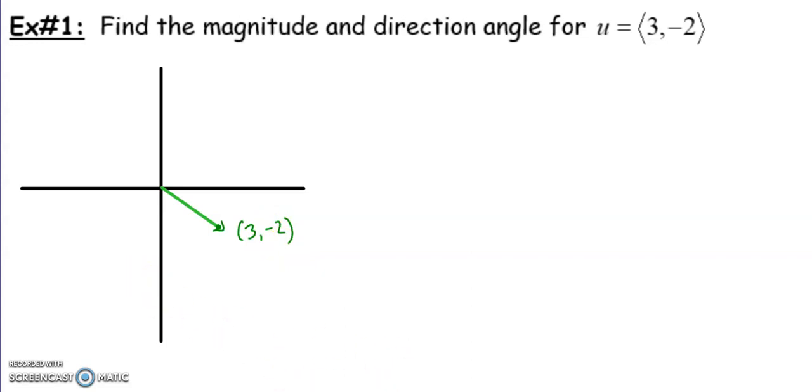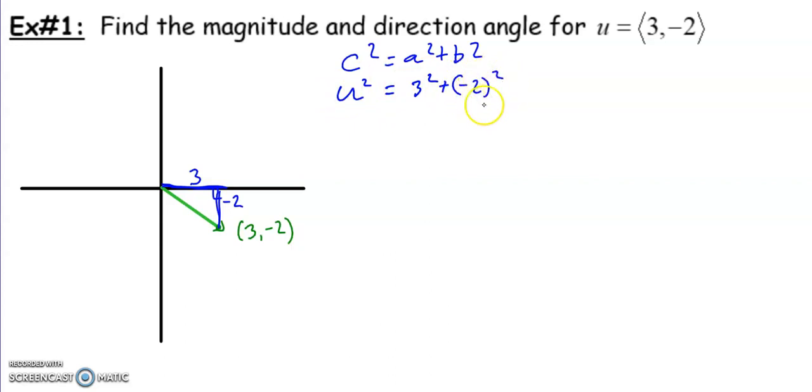Well, how are we going to find the magnitude? Well, I'm glad you asked. Because remember, anytime we make a grid from a point, we can say, hey, let's go to the right 3, and then let's go down 2. And hopefully you're noticing this makes a right triangle. Boom, there's my right angle, where we're allowed to find the hypotenuse. c squared equals a squared plus b squared, where c is the magnitude, a is 3, and b is (-2).